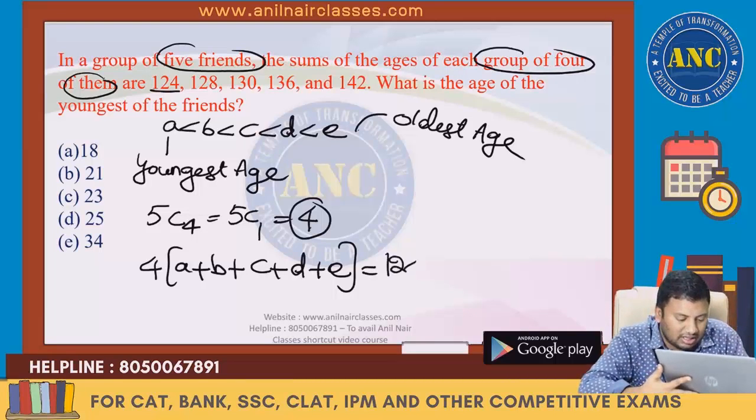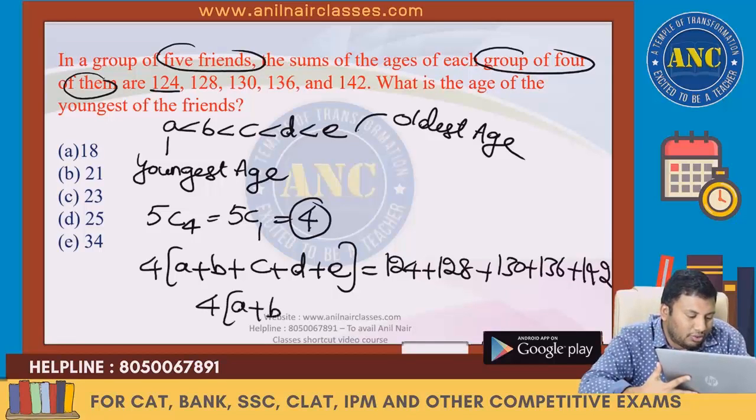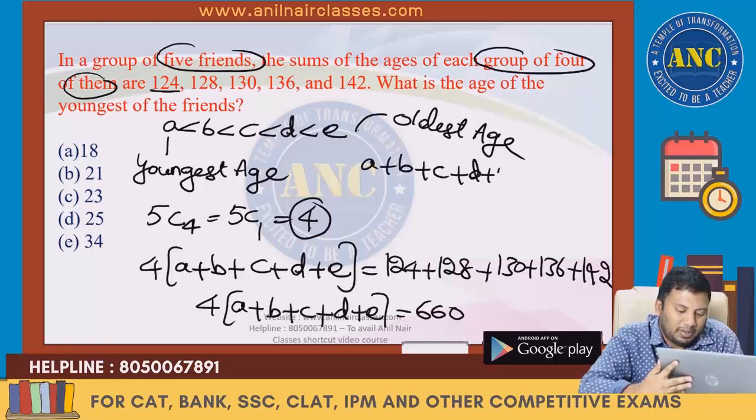So this is nothing but 124, 128, 130, 136 and 142. This is 4 into A plus B plus C plus D plus E is 660. So A plus B plus C plus D plus E is 165.